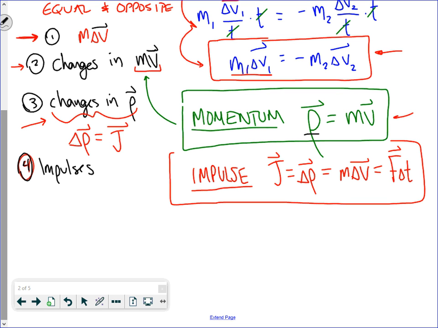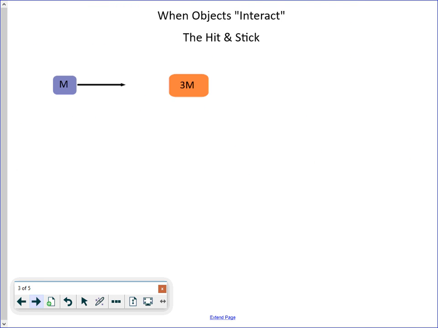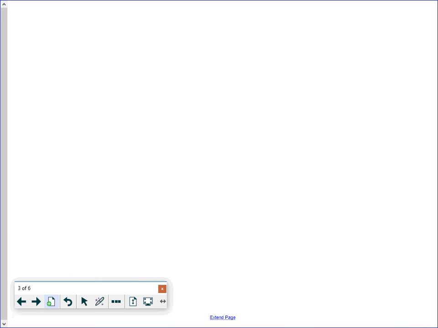Okay? So what does that mean? Or, you know, what else might this show us that's interesting? Well, let's not go there quite yet. Let's go here, and let me restart from here. m1 delta v1 is negative m2 delta v2.